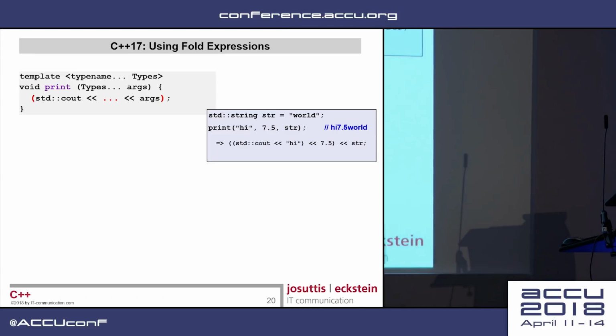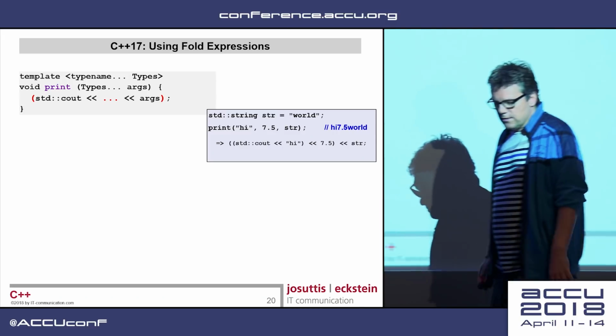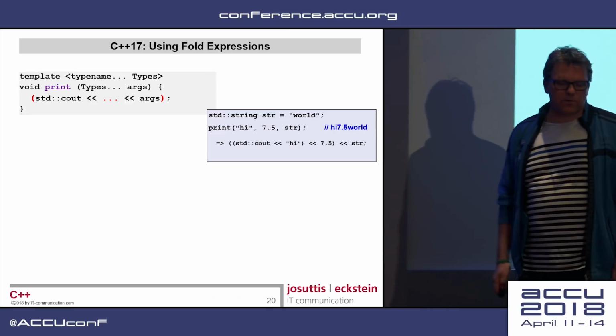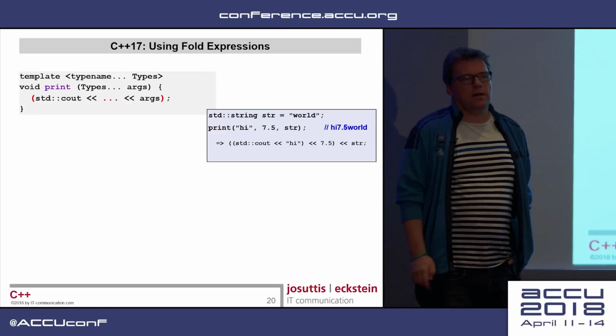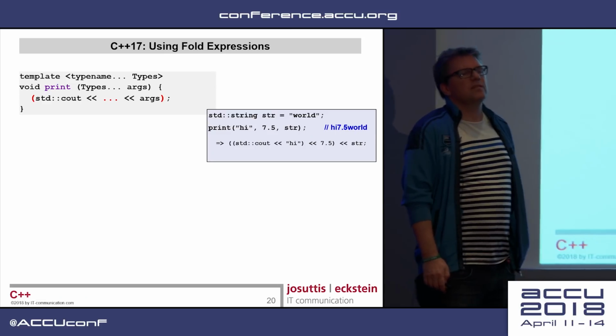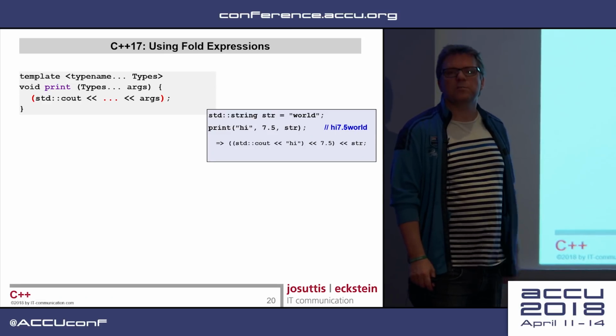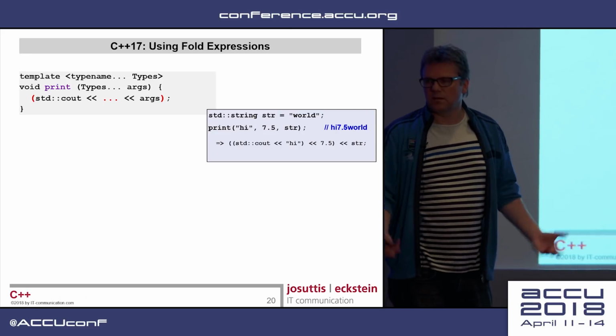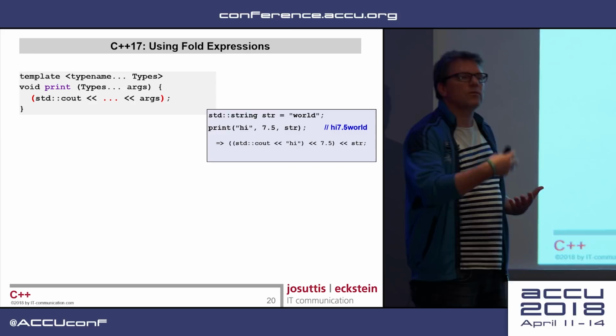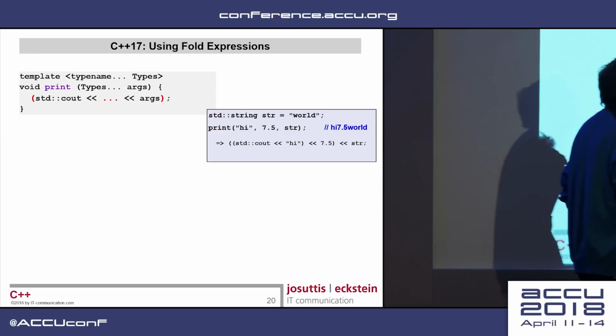So that's it. No longer the need for recursive calling of templates, which, by the way, reduces compile time, because recursive instantiation of template is far more expensive than here just instantiating this template once. And the compiler can now here iterate over the elements internally.